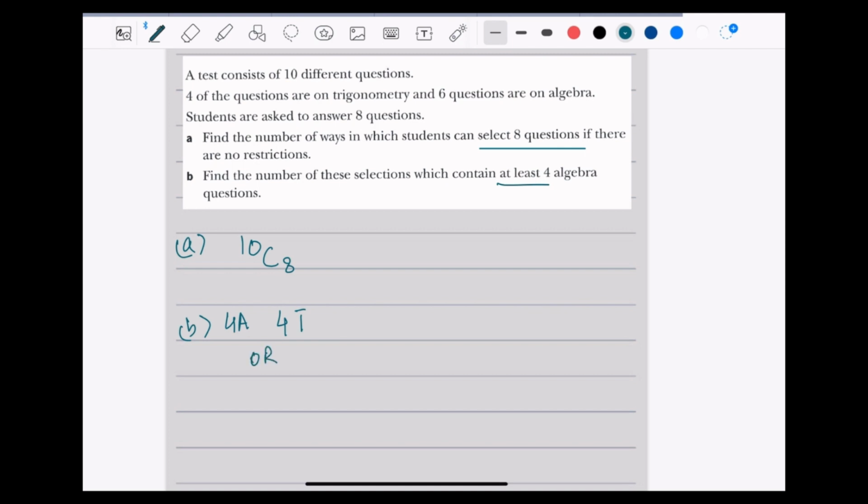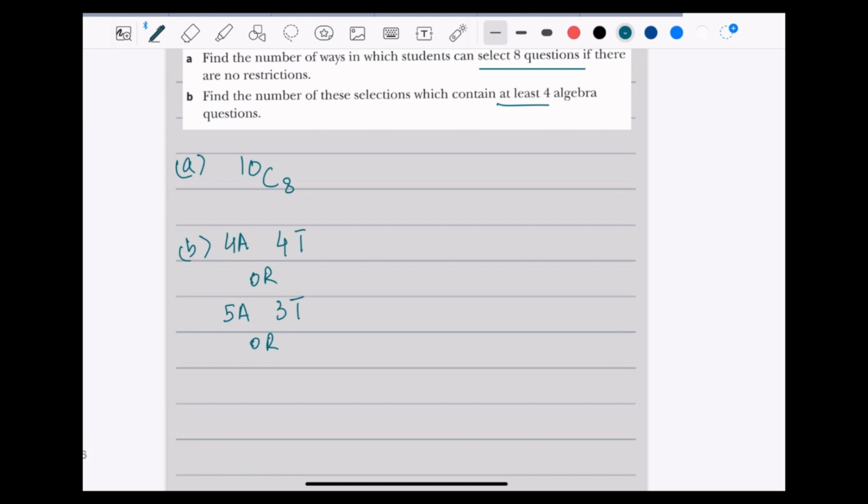Or there is also a possibility of 5 algebra questions and 3 trigonometry questions. Or we say 6 algebra questions and 2 trigonometry questions. There are no more algebra questions in the paper, and it fulfills the condition that at least 4 algebra questions, which means 4 or more.